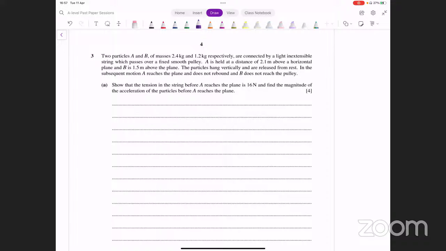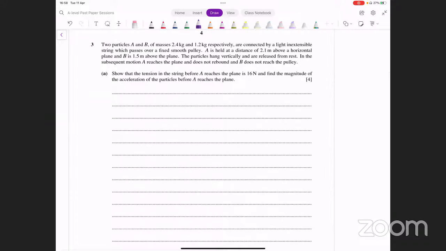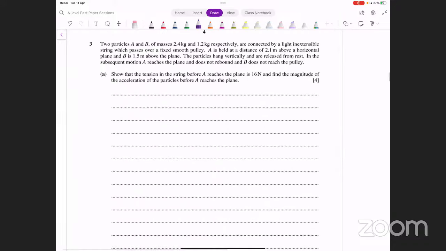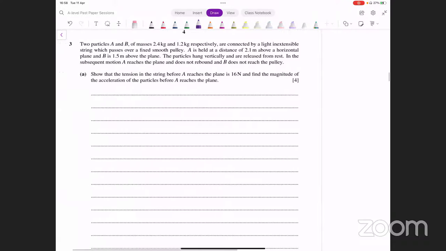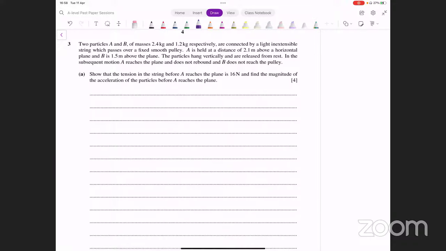Okay, so first of all, we have to understand the situation, and if a diagram is not given, it often helps to draw a rough sketch of the situation. It will help you understand this better. Let's represent the situation here.